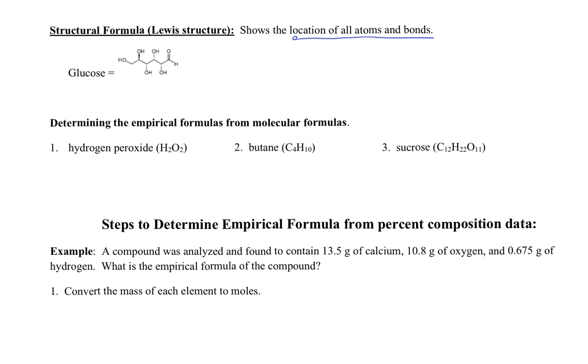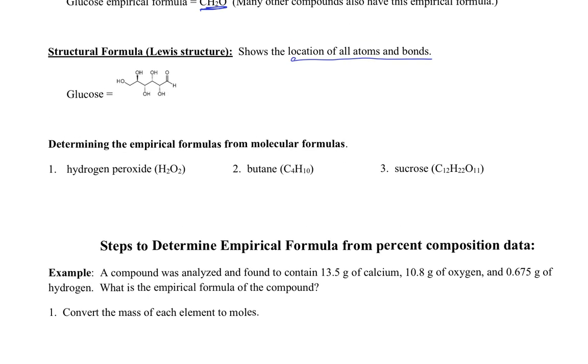And this looks a little bit different than the Lewis structures we have drawn so far, because here we do not see the letter C representing carbon atoms. Instead, each vertex is a carbon atom in this Lewis structure. And this is the way Lewis structures are typically drawn for larger molecules.